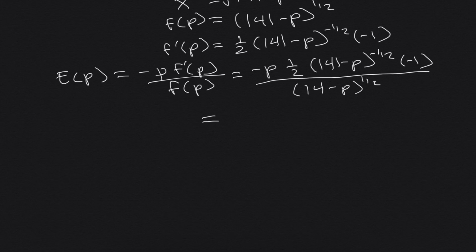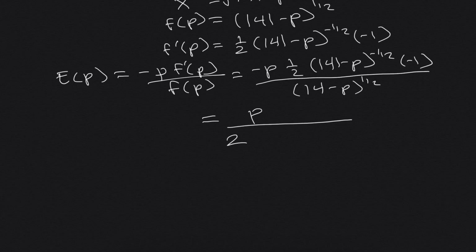You definitely do not have to do this, but I think it's worth doing some simplification here. So on top, I have a negative P times a -1 at the end. I'll make that a positive P. I also have a 1/2 there. I'll keep the 1 in the numerator and move the 2 into the denominator.